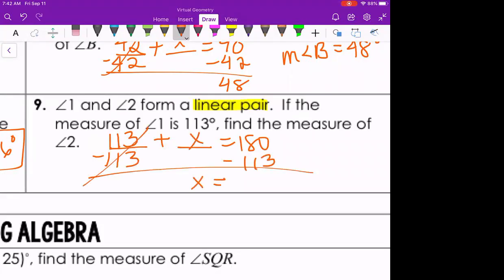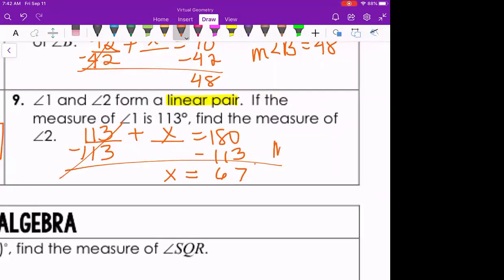And my X is equal to 67. So then the measure of angle 2 is 67 degrees. Now, not every supplementary pair are going to be linear pairs, because the difference is a linear pair must be adjacent, while supplementary does not. So just keep in mind.